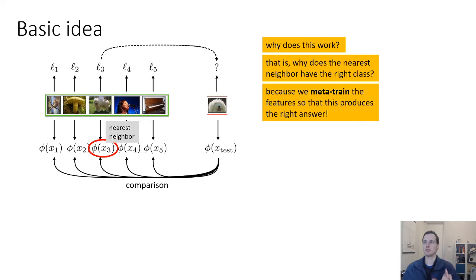This is the basic idea in this kind of few-shot MetaLearning. You need to make sure that your MetaTraining lines up with what you're going to do at MetaTest time. So if at MetaTest time you're going to do a nearest neighbor query, then as long as you train your network phi to be accurate when doing nearest neighbor queries, then your nearest neighbor queries at MetaTest time will give you the right answer.